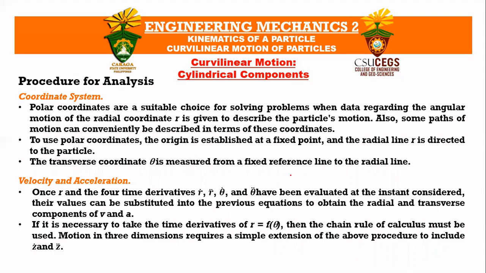Polar coordinates are a suitable choice for solving problems when data regarding the angular motion of the radial coordinate r is given to describe the particle's motion. Also, some paths of motion can conveniently be described in terms of these coordinates. To use polar coordinates, the origin is established at a fixed point, and the radial line r is directed to the particle.